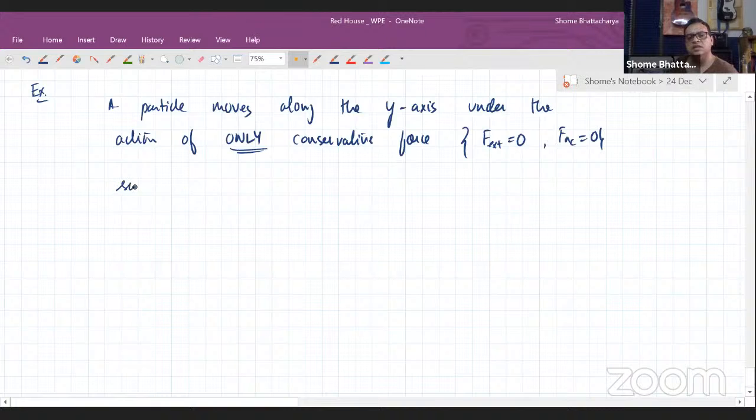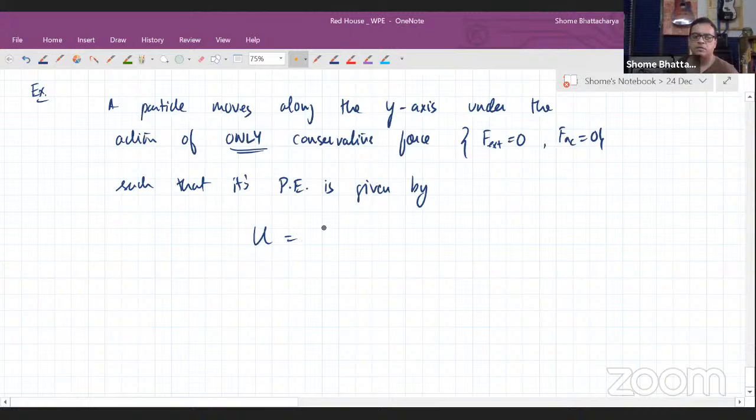Such that its potential energy is given by the formula U is equal to, let's say, 20 by y minus 10 by y square.